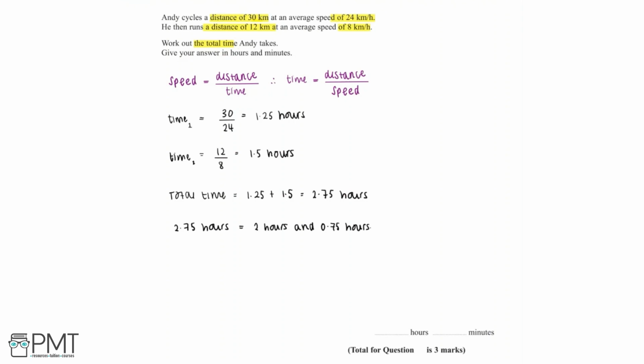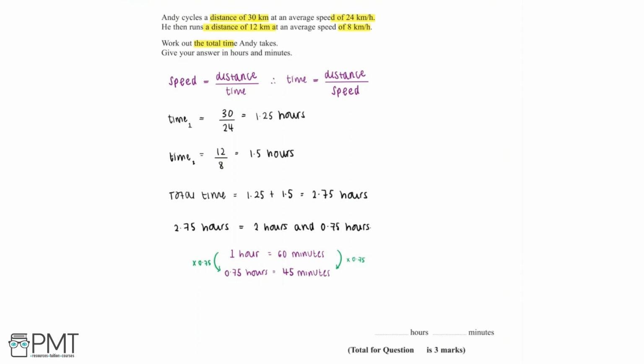We know that in 1 hour there are 60 minutes, but we need to find out how many minutes are in 0.75 hours, and so we can multiply both sides by 0.75. 1 hour multiplied by 0.75 is equal to 0.75 hours, and so 60 multiplied by 0.75 is equal to 45. And so we've found that 0.75 hours is equivalent to 45 minutes.